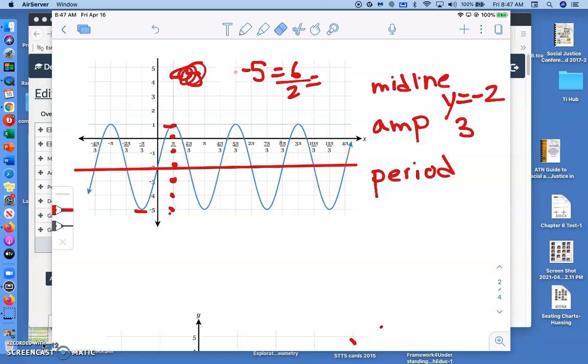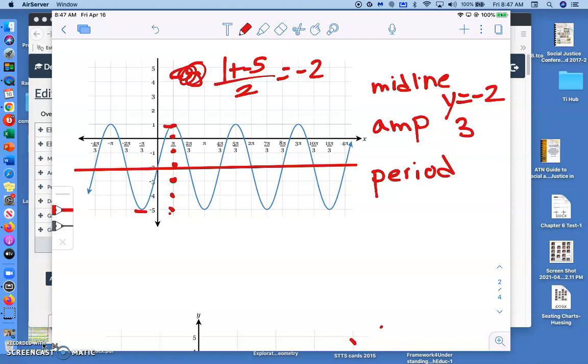Oops, I did that backwards. You've got to add those together, sorry. So if we add those, 1 plus -5 divided by 2 also gives us the -2, our midline. And then our amplitude, how much higher or lower it goes. So it goes 3 above and 3 below.